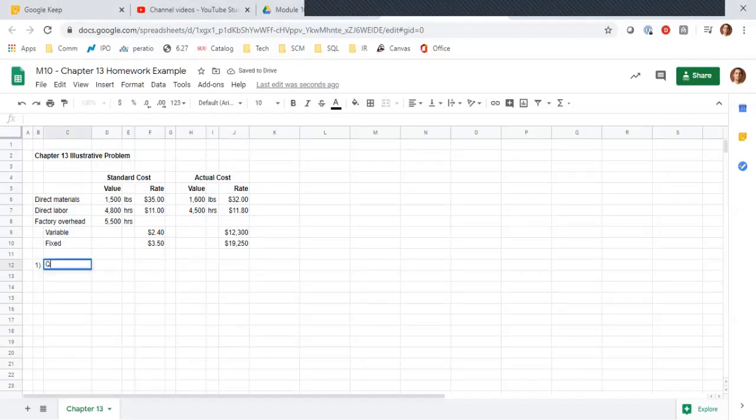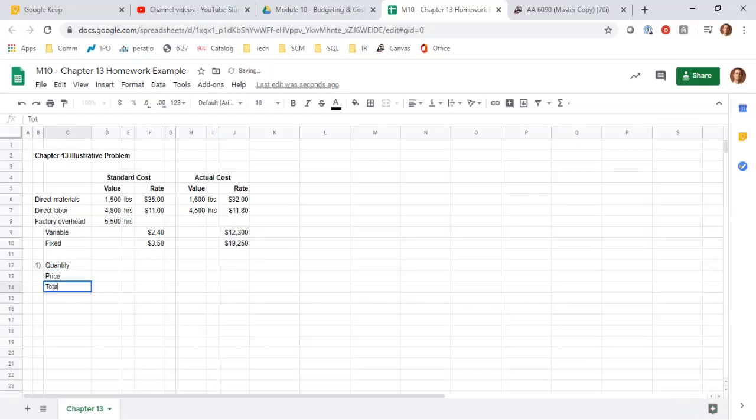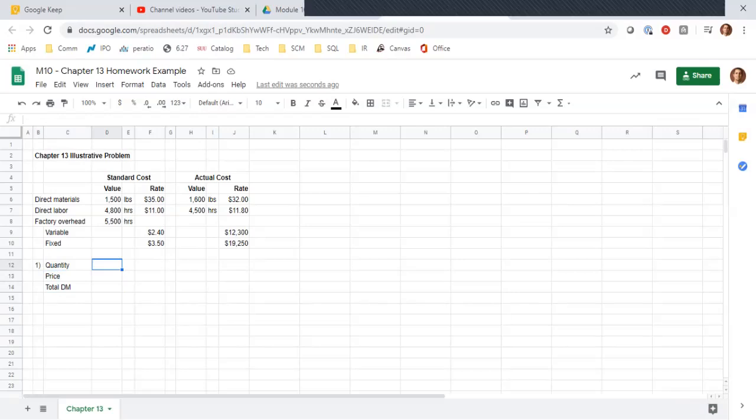So we want the quantity, we want the price, and we want total. Okay, so the quantity variance is going to be our actual quantity less our standard quantity multiplied by our standard rate.